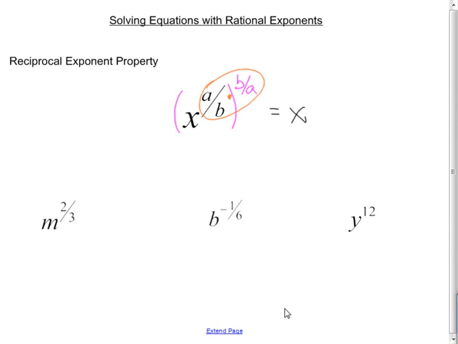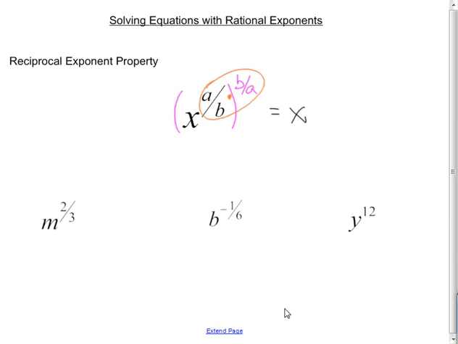That's great, because when we solve equations, we look to work backwards and cancel things. We've used the additive inverse properties and the multiplicative inverse properties to cancel, and now we've got an inverse property for exponents, which is just raising an expression to the reciprocal.